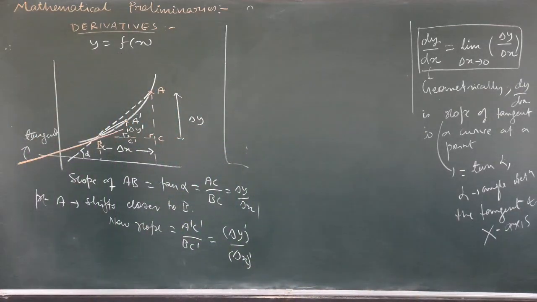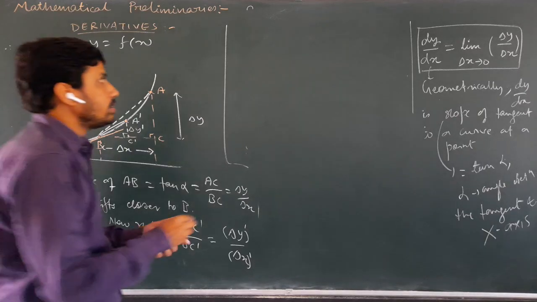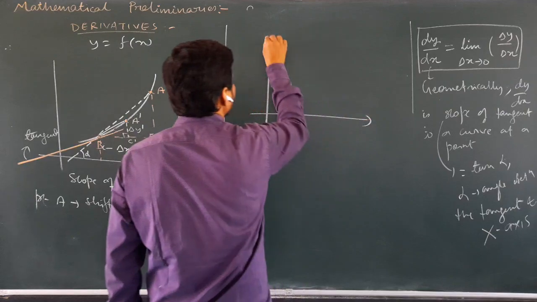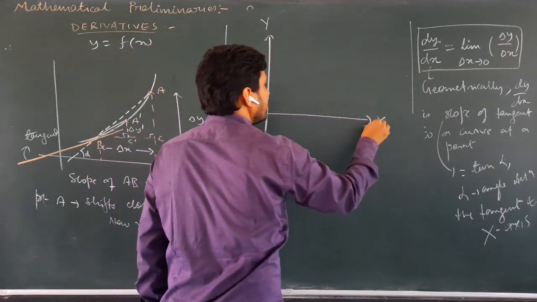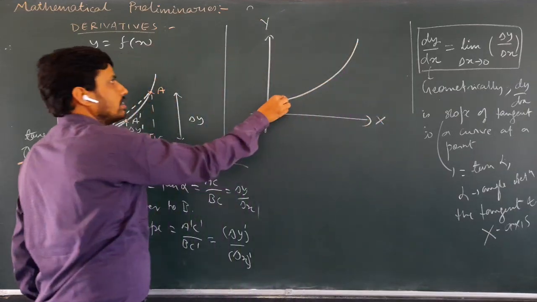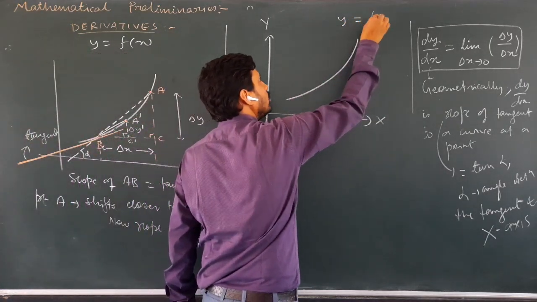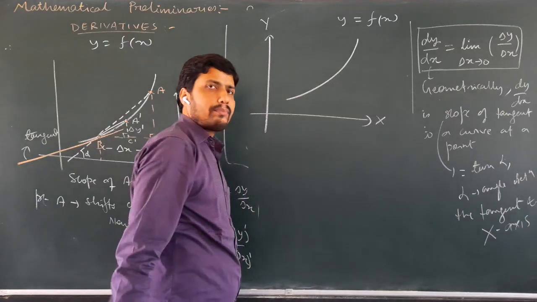Let me draw one more graph. Suppose this is the y-axis, this is the x-axis, and this is a curve. This curve is y is equal to a function of x.